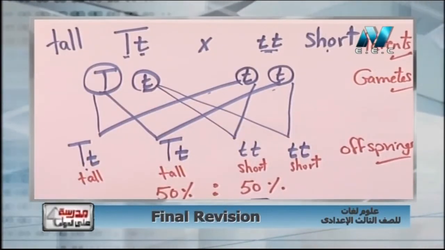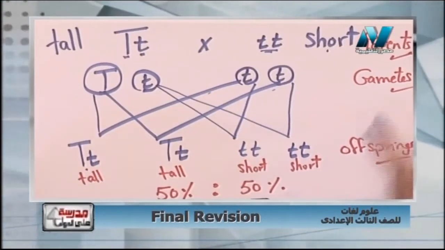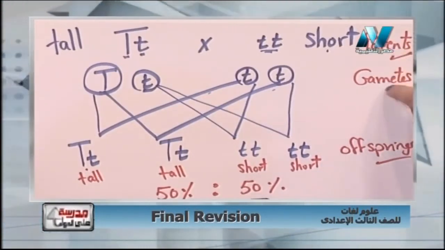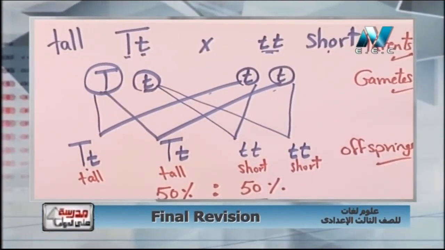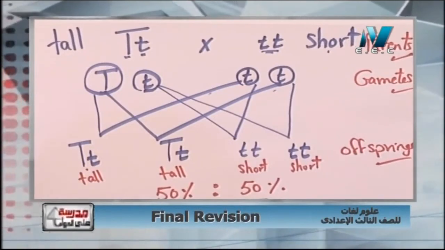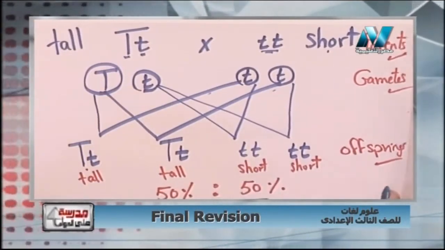Okay, don't mix up and read carefully. He needs three: parents, gamete, offspring. And don't forget to write the ratio and the traits that appear in the offspring, tall and short and whatever.